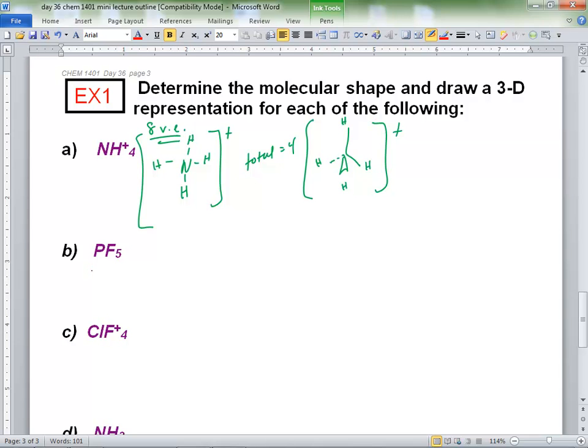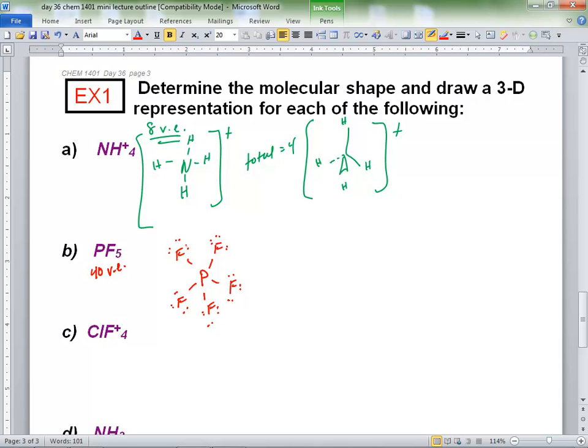So hopefully you're working with 40 valence electrons. So 5 times 8 is 40.